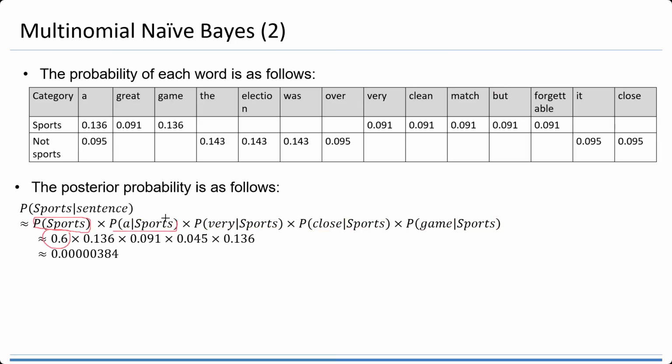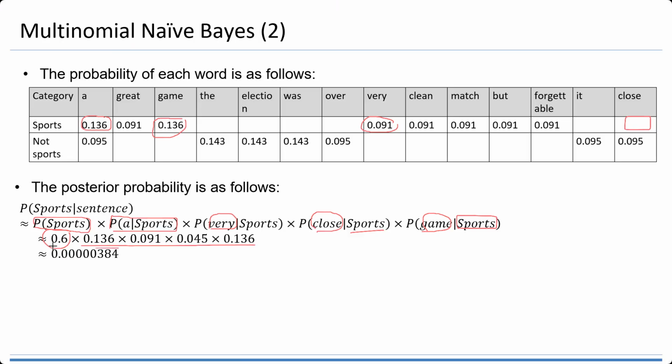Then you can also look at the probability of "a", "very", "close" and "game" given that it is in the category of sports. So you can just do the multiplication.